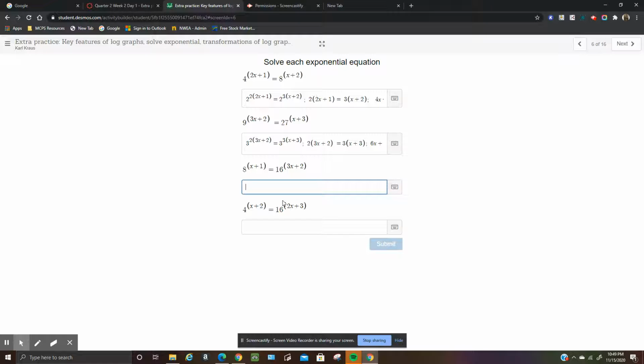And then the next one, 8 is 2 cubed. And 16 is 2 to the 4th.